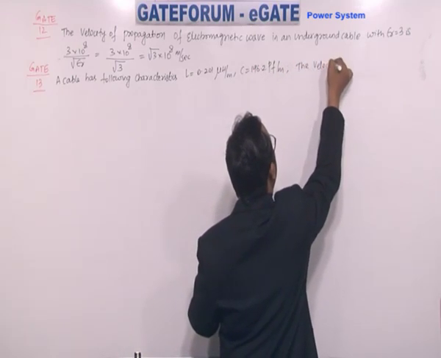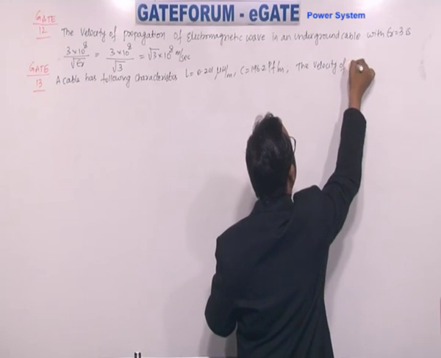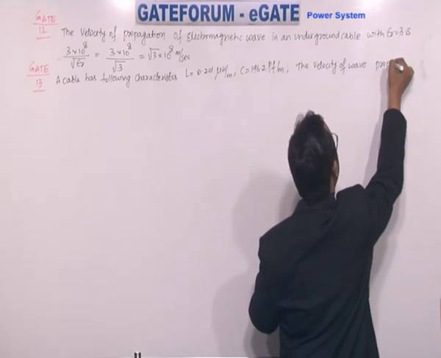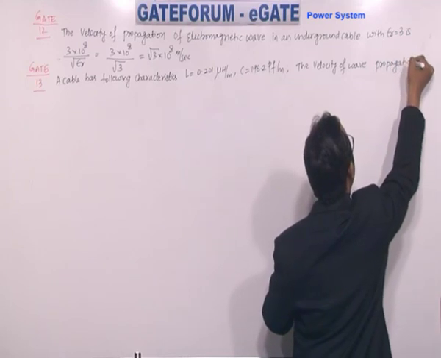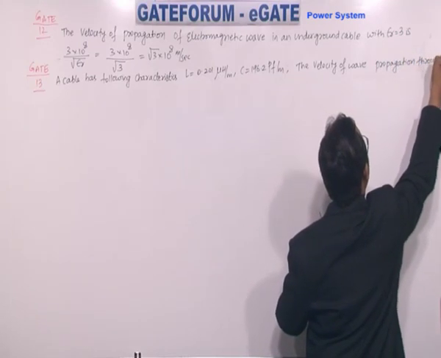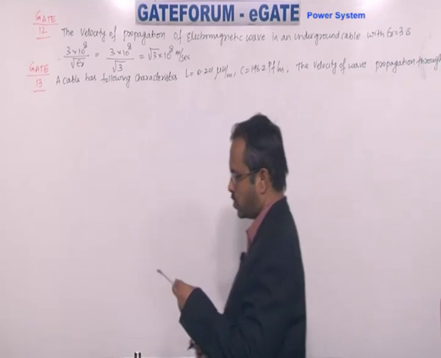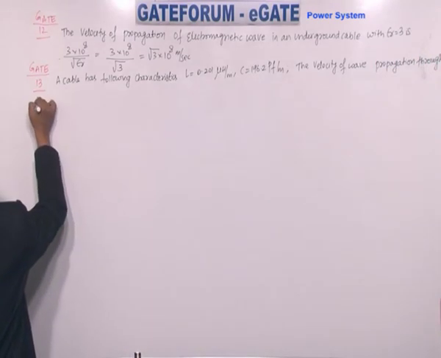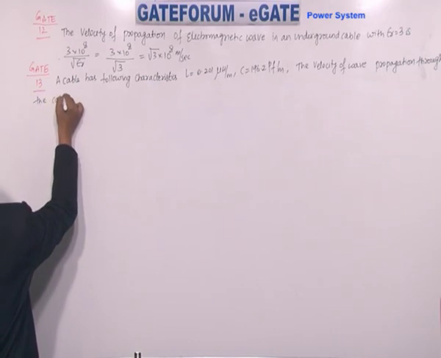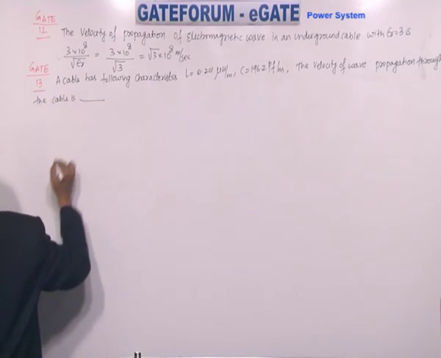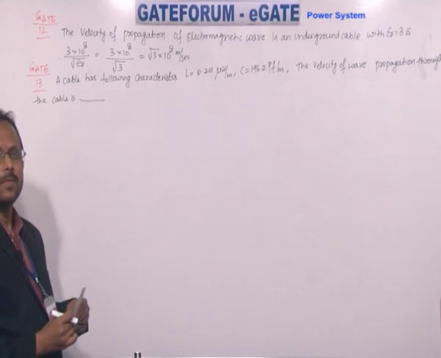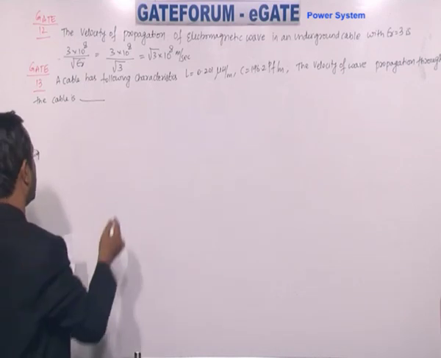Now we find the velocity of wave propagation through the cable. So how do you find the velocity?